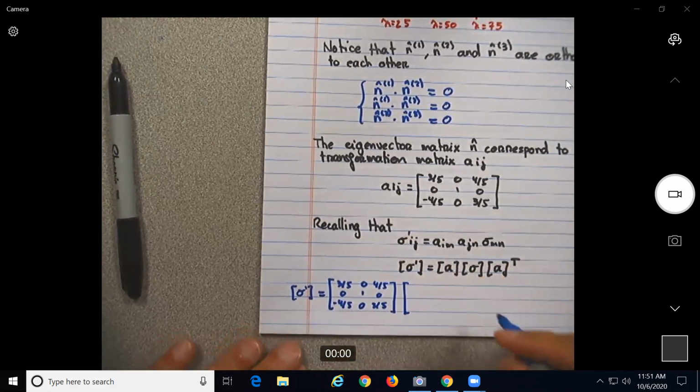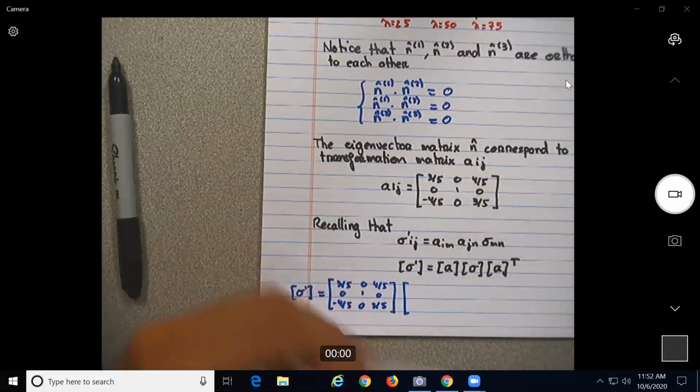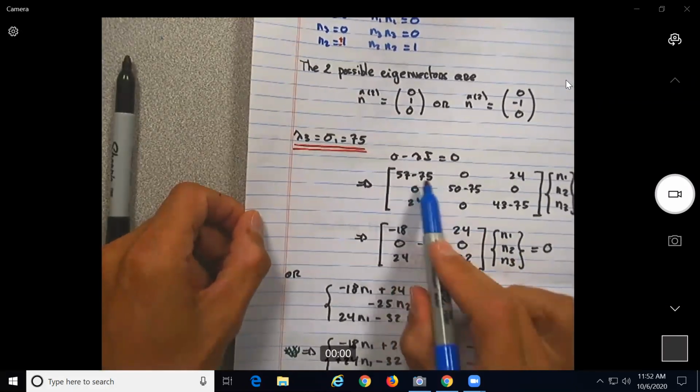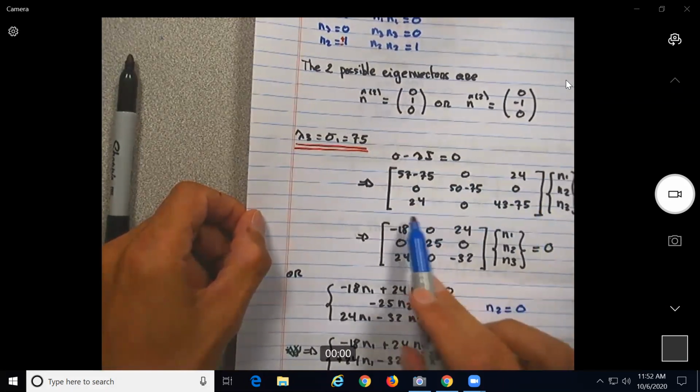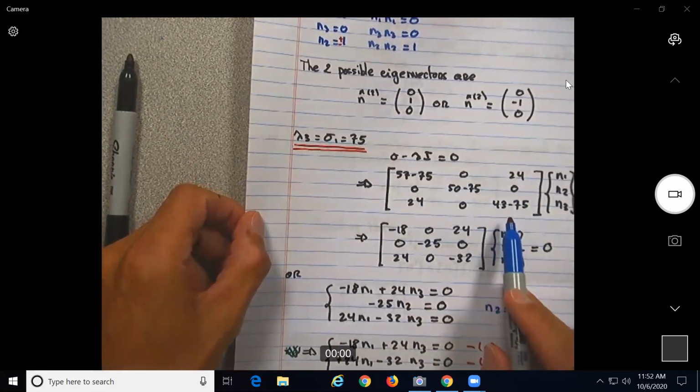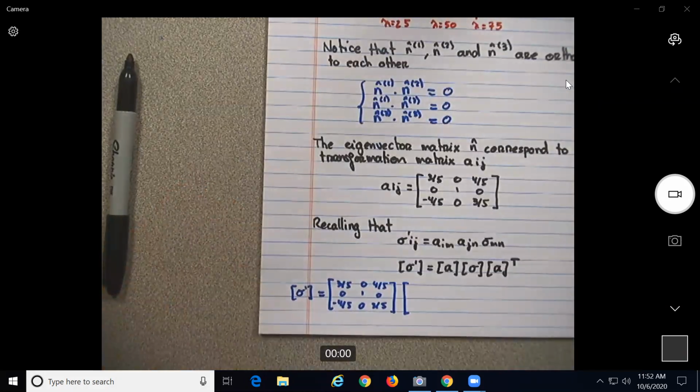Times the matrix sigma, that is equal to, I can deduce it from this one. We just remove the lambdas, it will be 57, 0, 24, 0, 50, 0, 24, 0, 43.